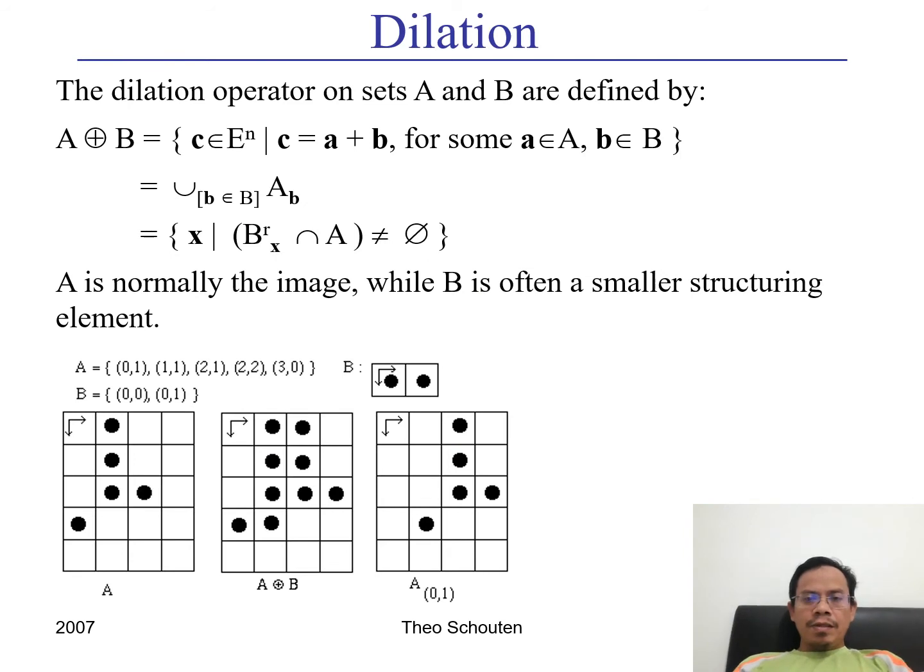So we go first to the morphological operation, dilation. The dilation operator on sets A and B is defined by this mathematical denotation of dilation. A, B, A plus B, A exclusive or B, something like that. This is all the notation to represent the morphological operation dilation.